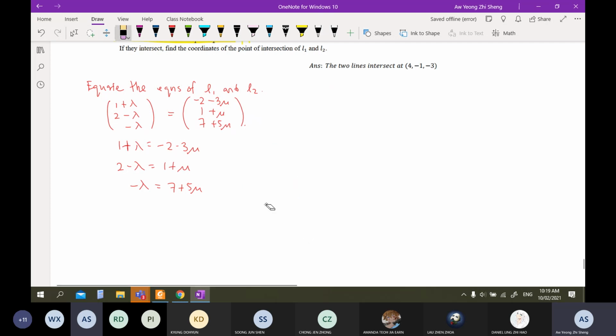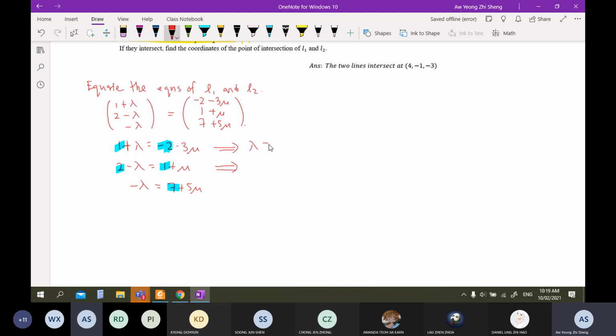Usually I will prefer to move the constant terms to one side to make the equation simpler first, to make my solving later easier. This is just something that I prefer to do, not a must.